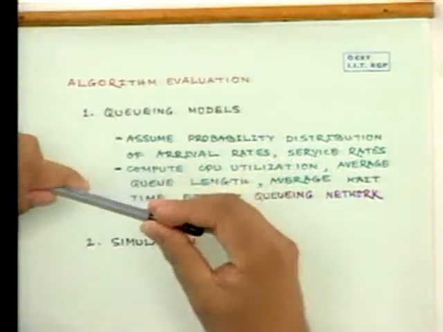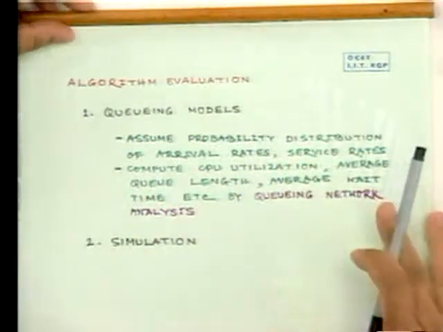our scheduling algorithms are concerned, and the environment under which scheduling is performed. Now, there are various scheduling algorithms that we have discussed, and there should be some algorithmic evaluation of them. That evaluation can be done in two ways in general.